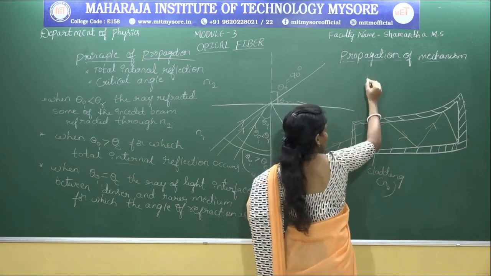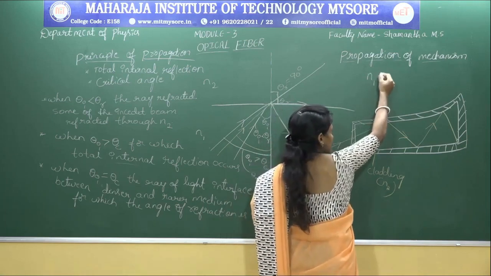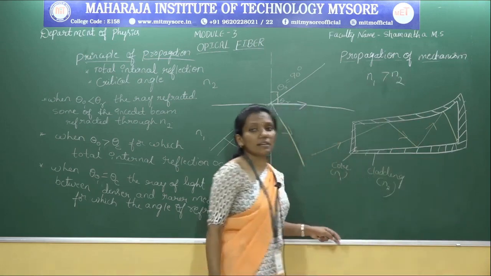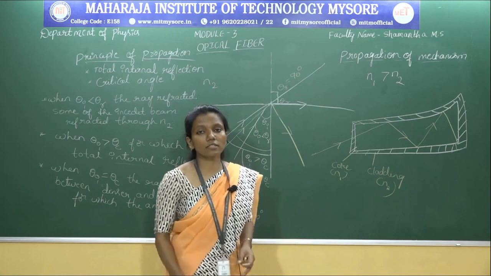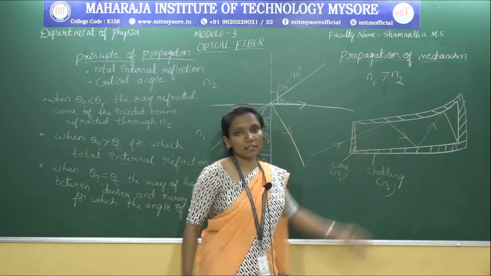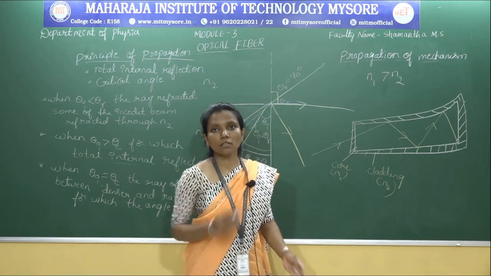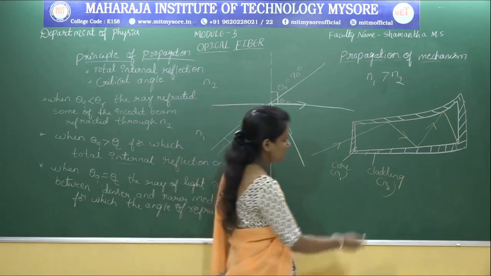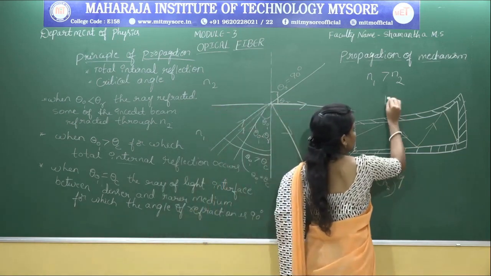The refractive index of the core must be greater than the refractive index of the cladding region. Then only the total internal reflection will take place completely inside the optical fiber, without losing the signals, that is the light ray.